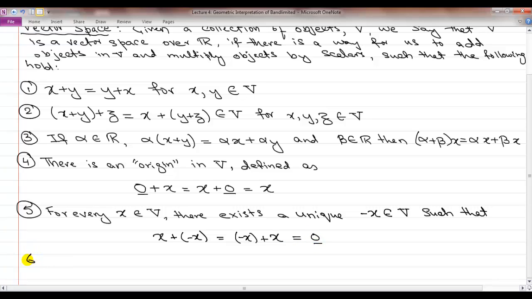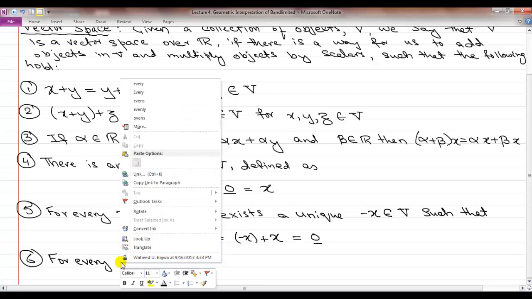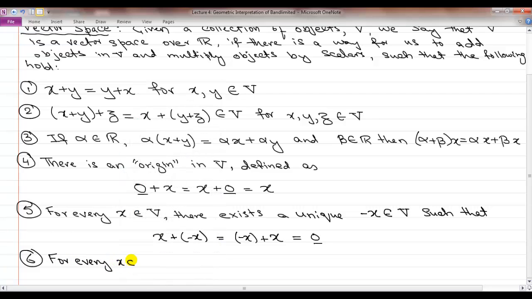And the last property is, for every x belonging to V, if I multiply x with a scalar 1, then I get back the same vector. It's the multiplicative identity.